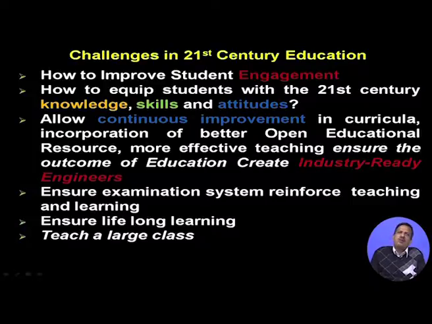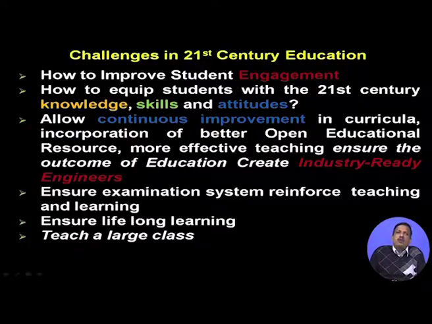So why do I teach the subject for 6 months? For a graduate engineer, there are 8 semesters, and average student engagement is 10 days per semester. So 8 into 10, that is 80 days. They only engage 80 days along the 4 years to get a BTech degree.